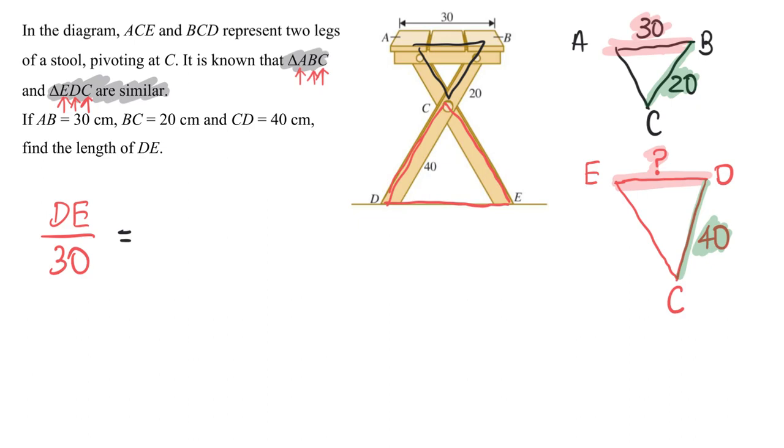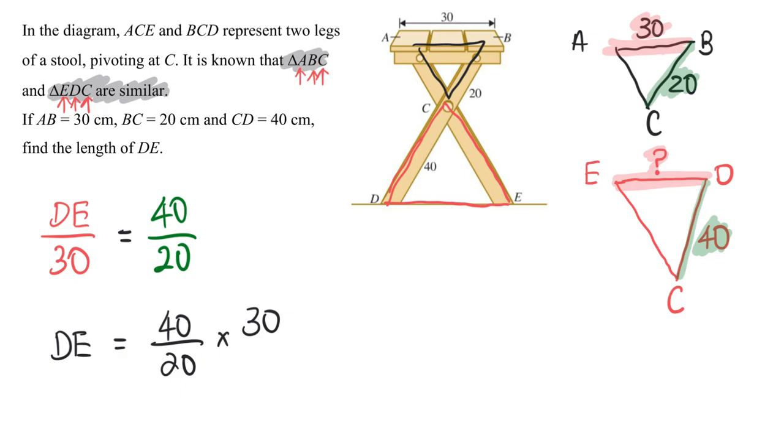And since I start with DE, I must start with the triangle, the length CD, 40 over 20. The proportion is the same. And from here, I will then be able to get my DE. Just need to multiply by 30 on both sides to give me the answer 60 cm.